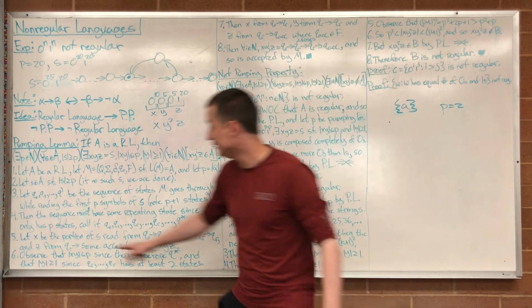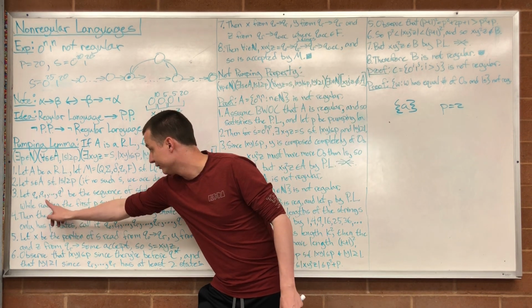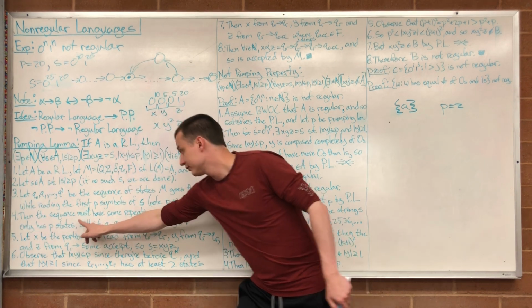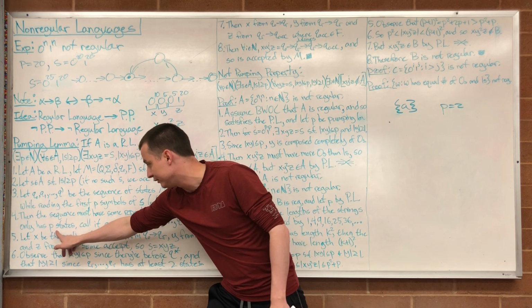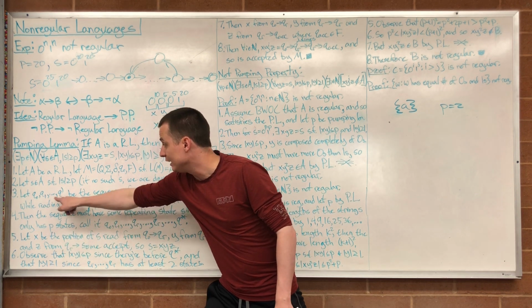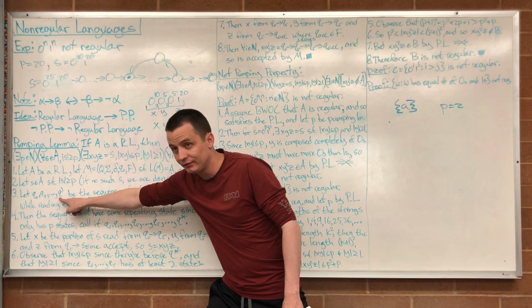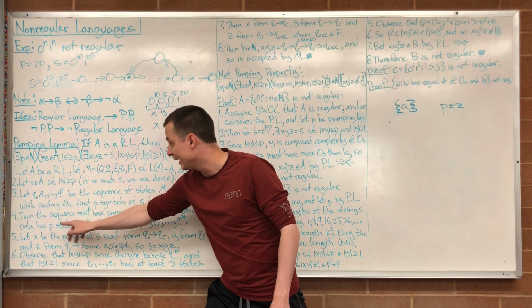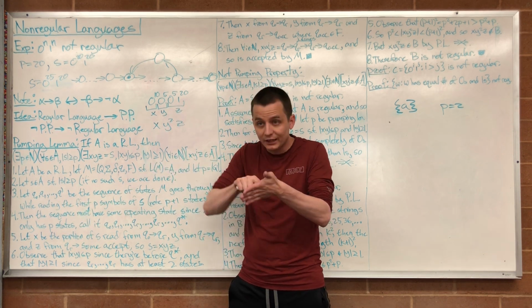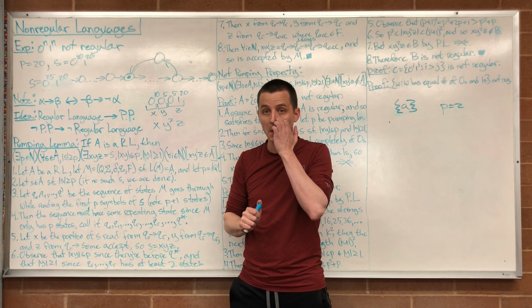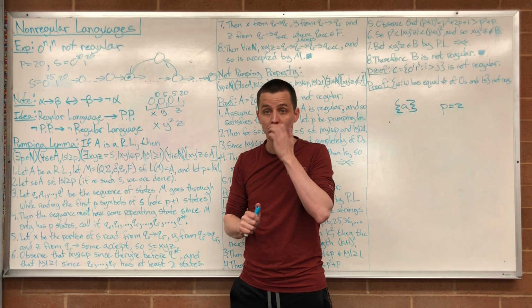So then this sequence of states must have some repeating state, since M only has P states. If this is a sequence of P plus 1 states, and our machine only has P states, then we must have written some state twice, at least one state.